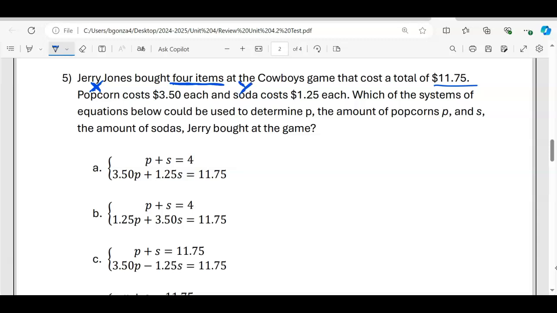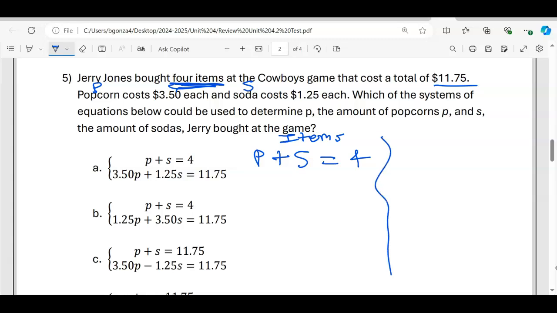So your first equation, now instead of X and Y, notice how the answer choices have P and S. So popcorn is going to be P, soda is going to be S. So if you add up P plus S, it has to equal your total items. And the total amount of items, it says, is 4.